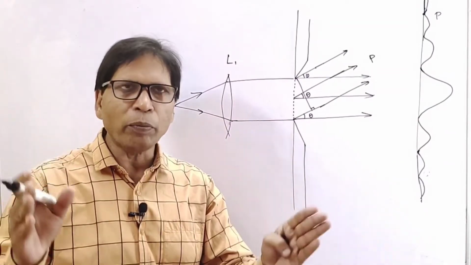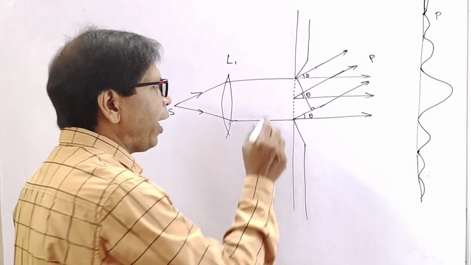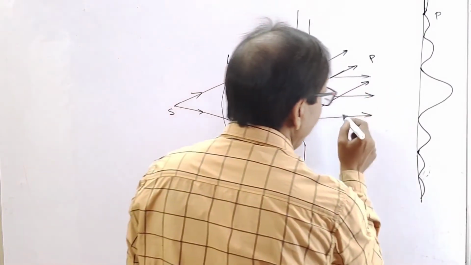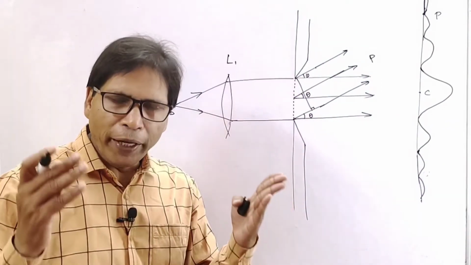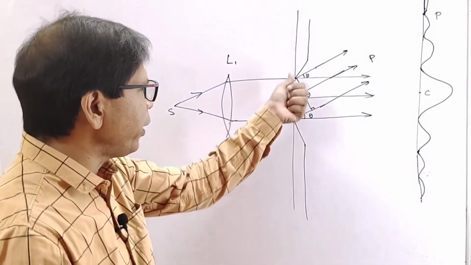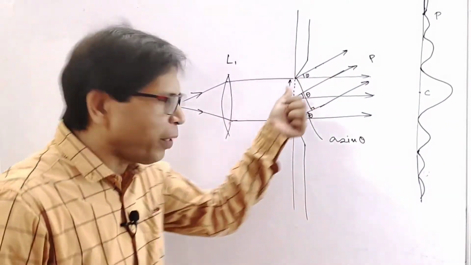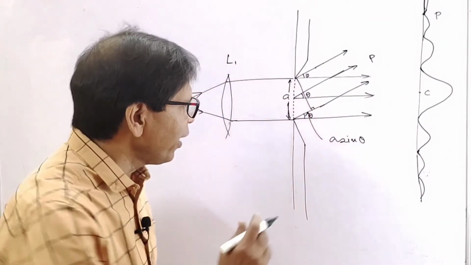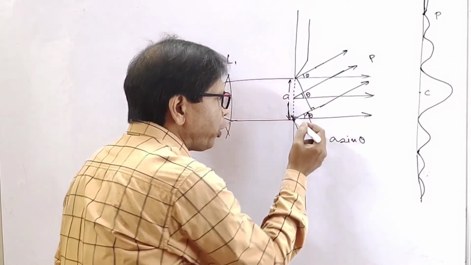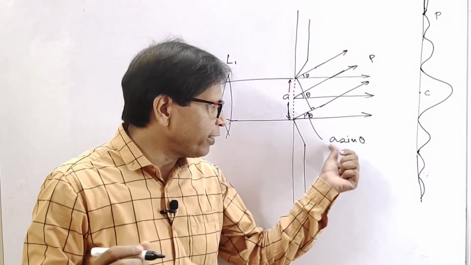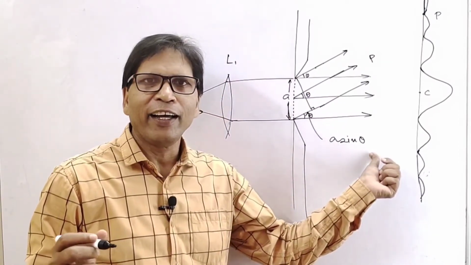Most of the incident wavefront is undiffracted and forms the central fringe at the point C. Now, a very small part is diffracted by an angle theta. If a is the width of the slit, then the path difference between two extreme points of the plane wavefront is a sin theta.